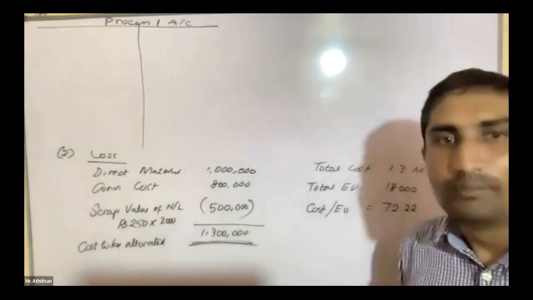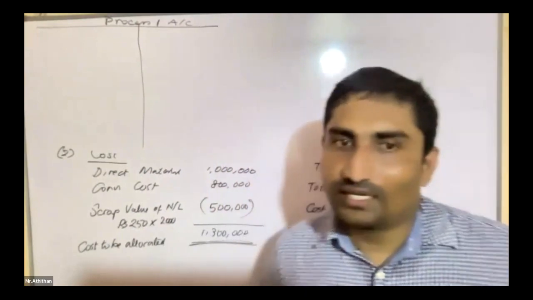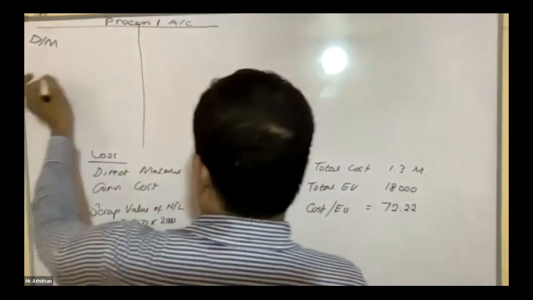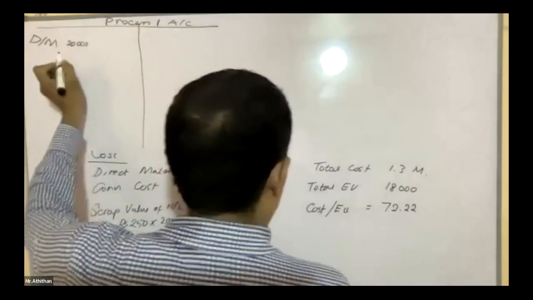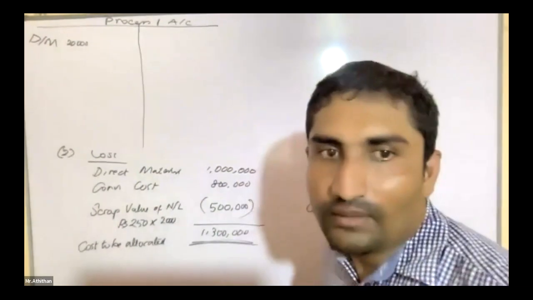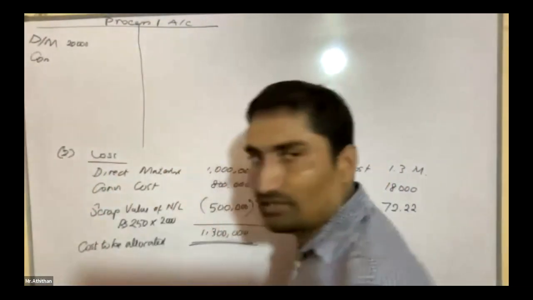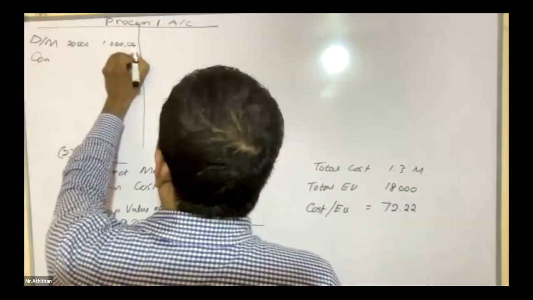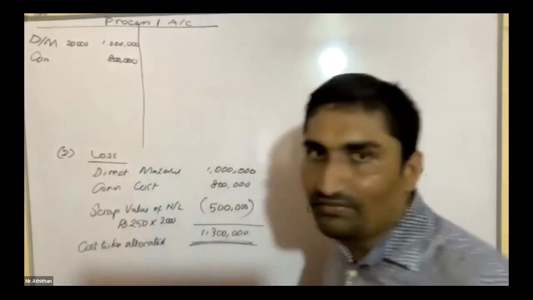We will do the input side and output side as usual. Direct material, how many units? 20,000 units. Then conversion cost. We know the value, 800,000. Total 1,800,000. Right.